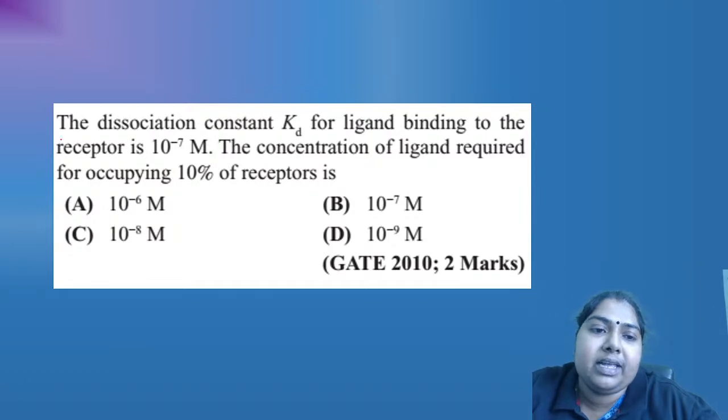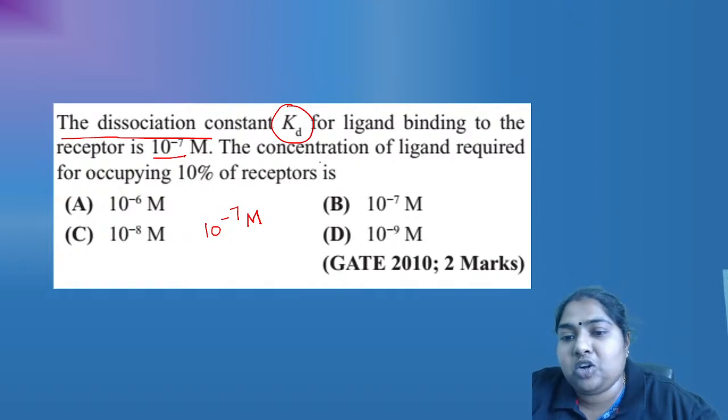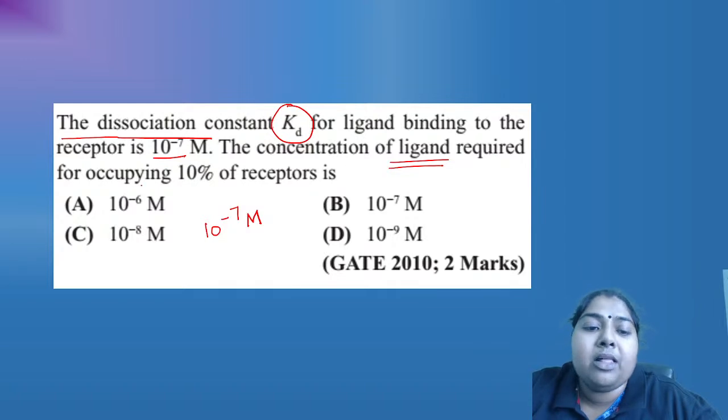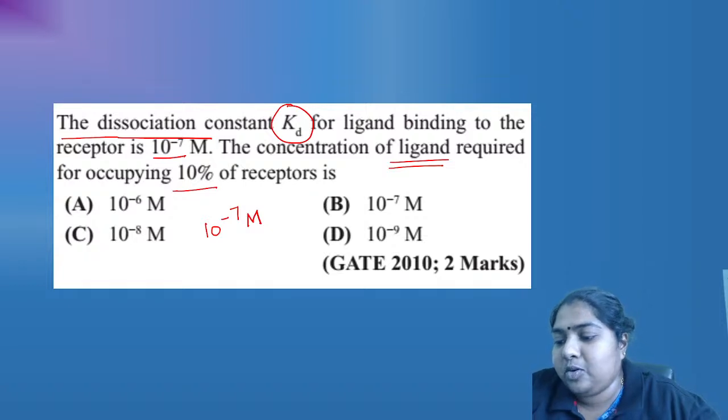Okay, listen carefully. The dissociation constant Kd is 10 to the power minus 7 M. What is the concentration of the ligand that is required for occupying 10% of the receptor? That is the question.